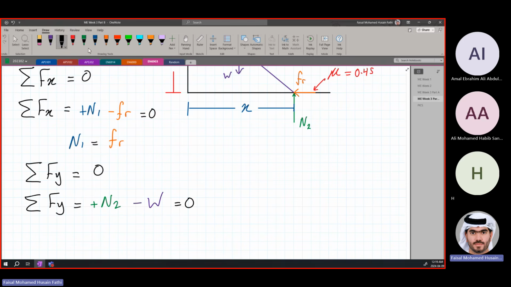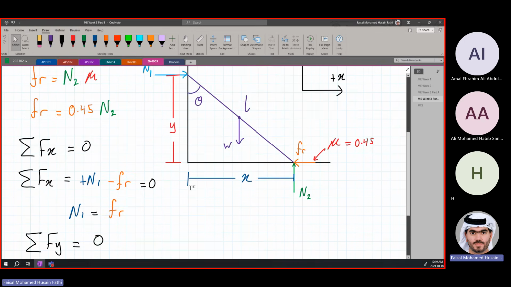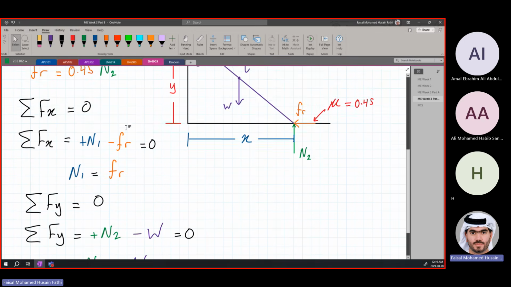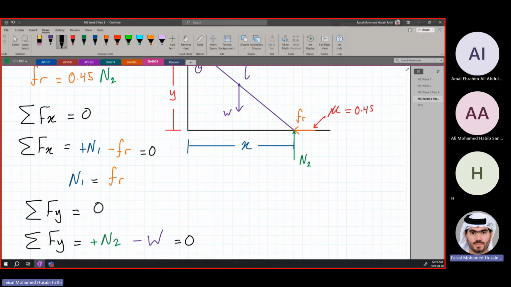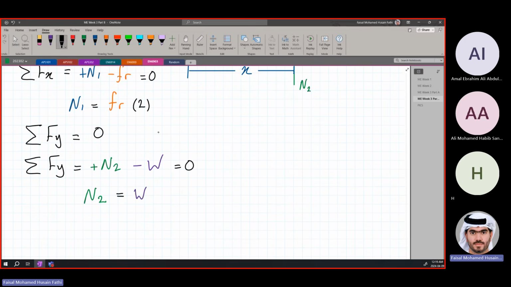In other words, N2 is equal to W. So now we have this equation over here. Let's number them: equation 1, equation 2, and equation 3.